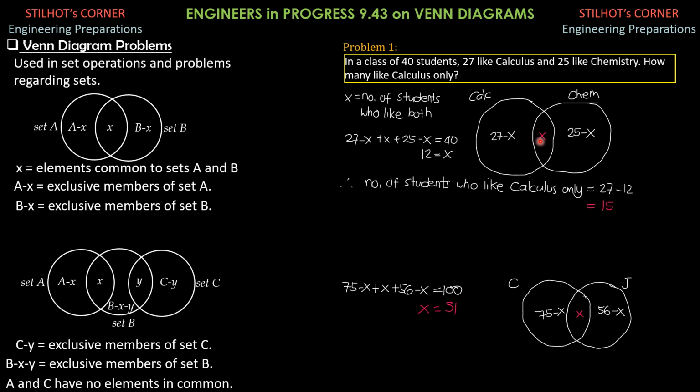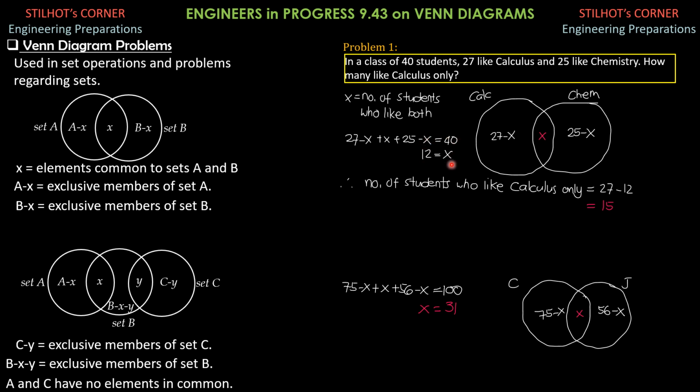So 27 minus x plus 25 minus x equals 40. So x is the number of students who like both. Solving for x, we have 27 plus 25, 52 rather, minus 40 is 12, and 12 is equal to, so cancel x here, transpose negative x to the right, x.